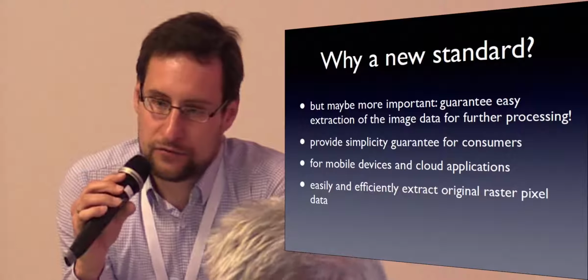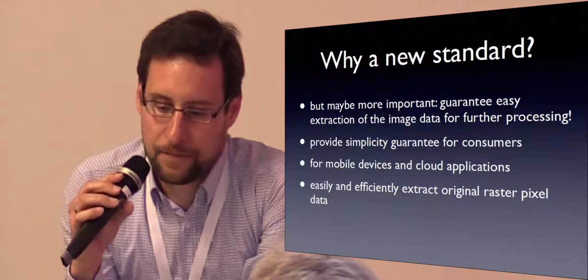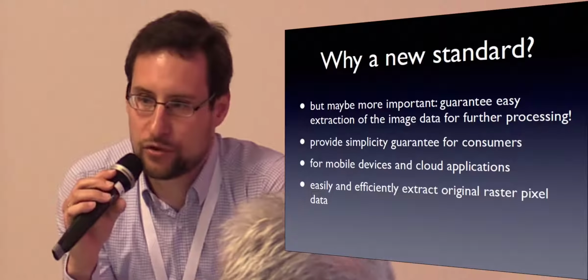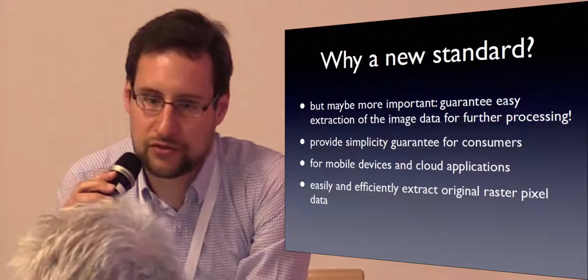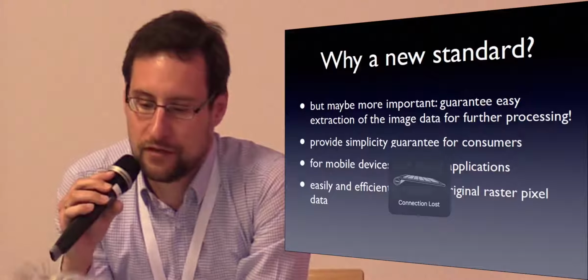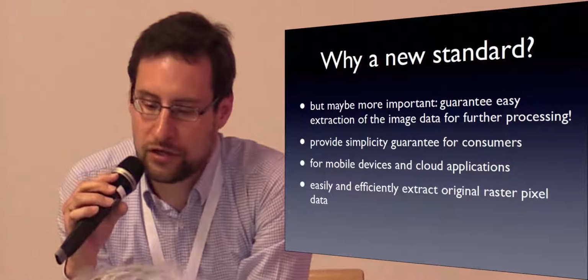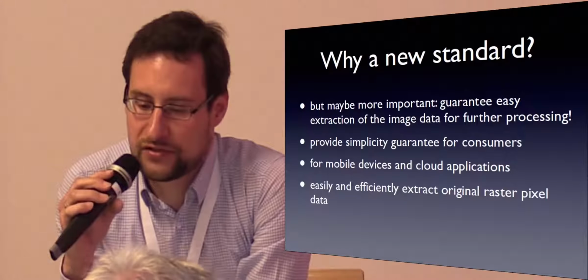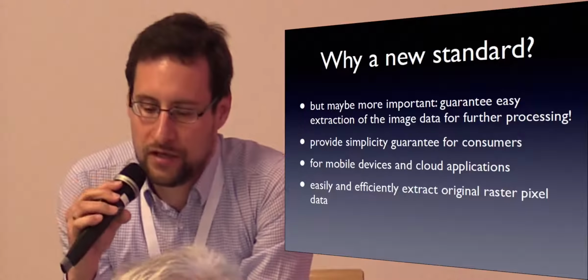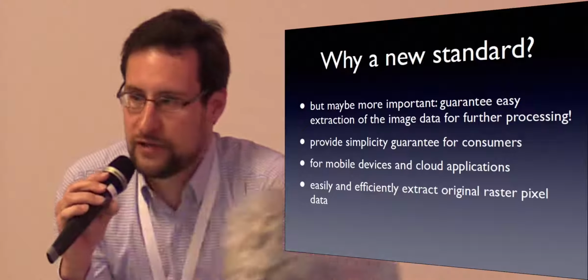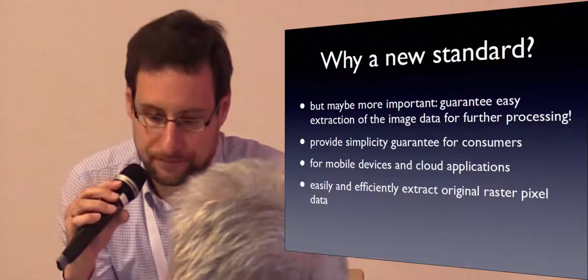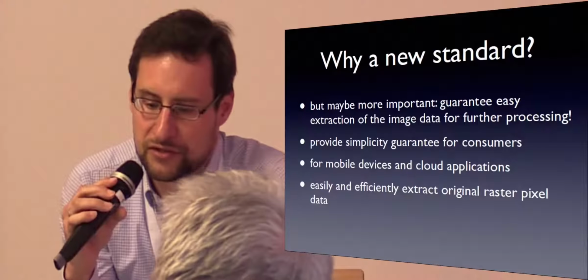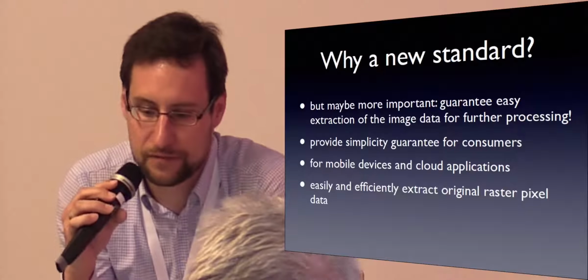Because if you take a regular PDF, there may be more than one image on the page, and then you need a whole PDF viewer, like an Acrobat viewer, to rasterize all this image data. So if we don't provide guidance, we cannot easily guarantee the extraction of the image data for further processing. And so this is the much bigger problem than generating the file.